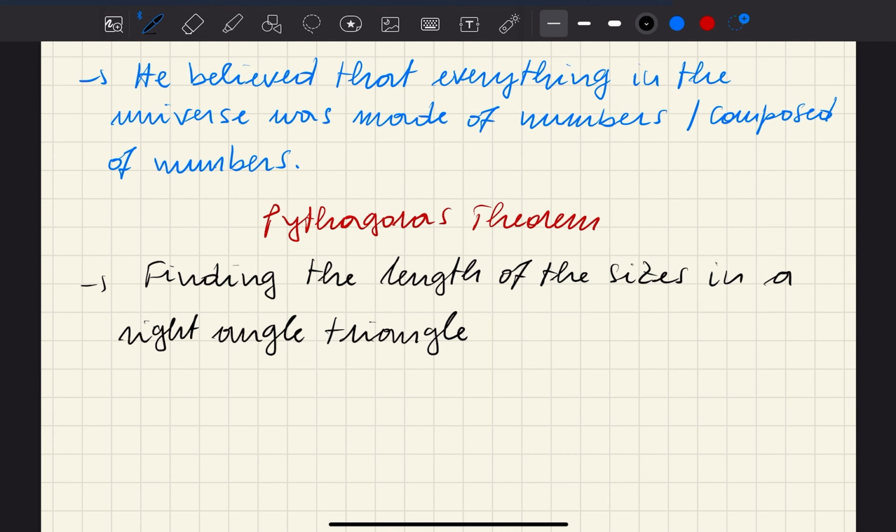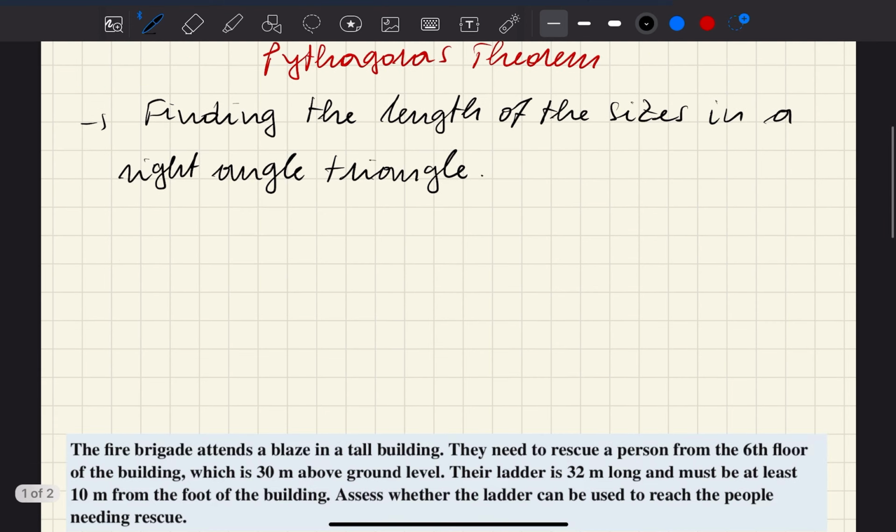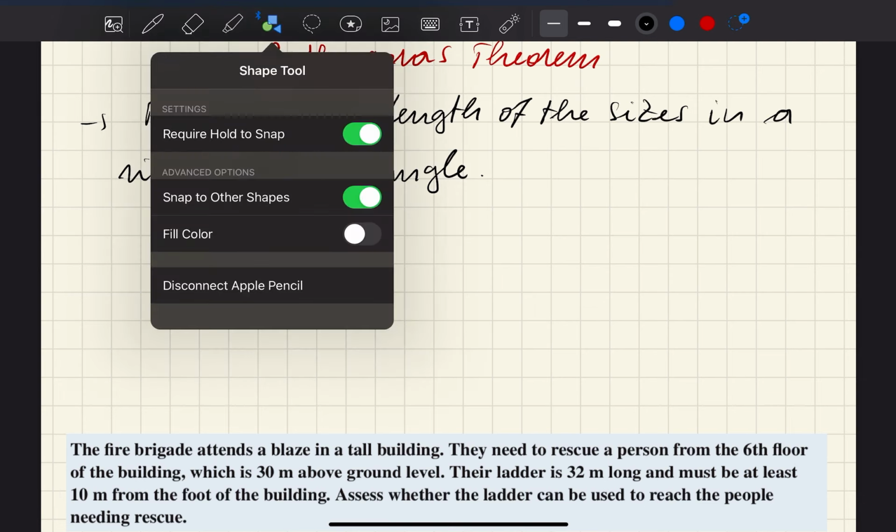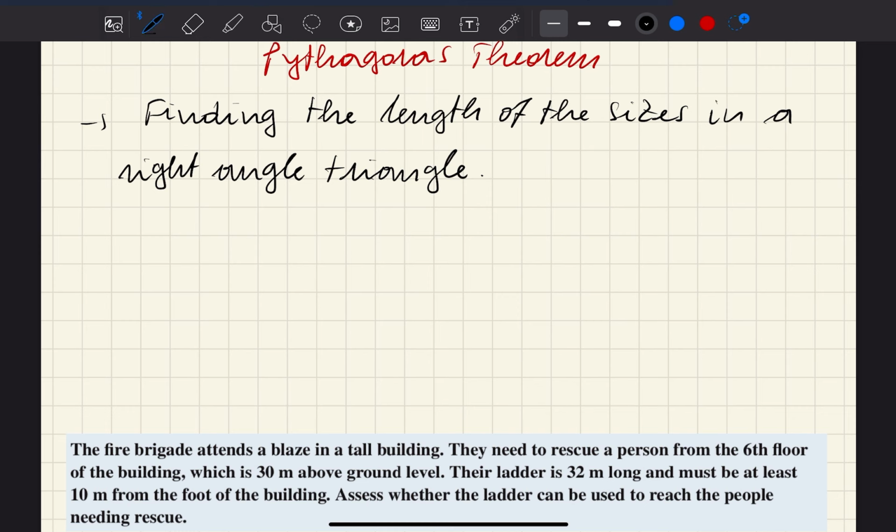So this is what we can use Pythagoras' theorem for, and we're going to draw shortly. Let's say you have this particular triangle. With this triangle, we can see that this is a right-angled triangle.